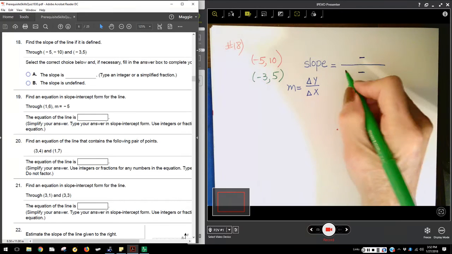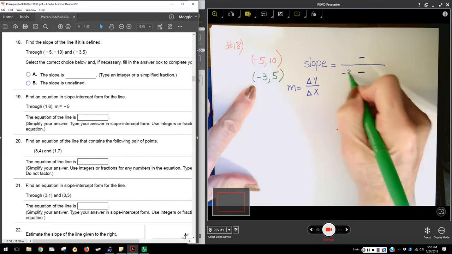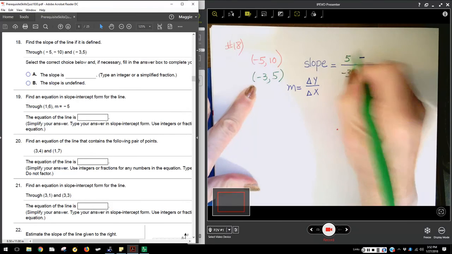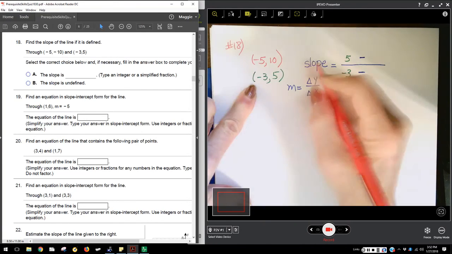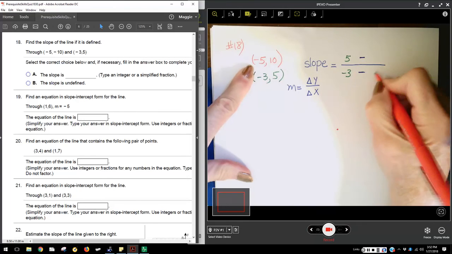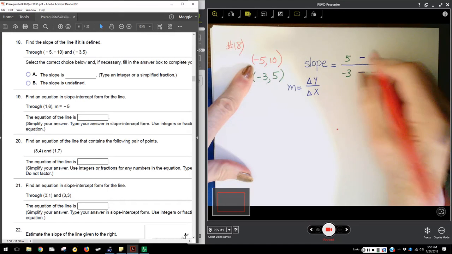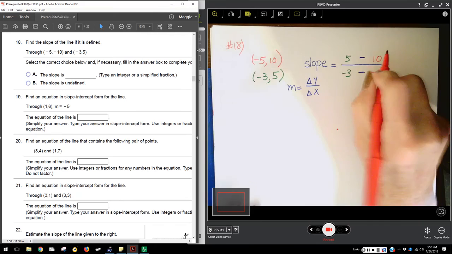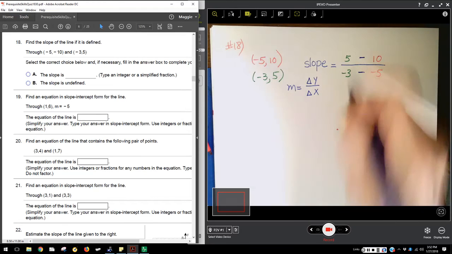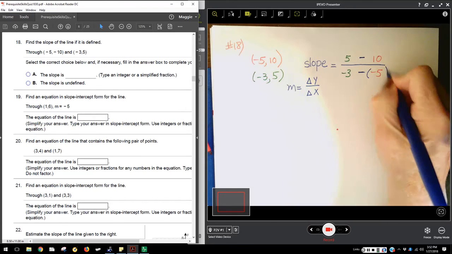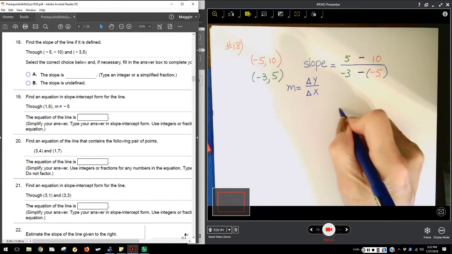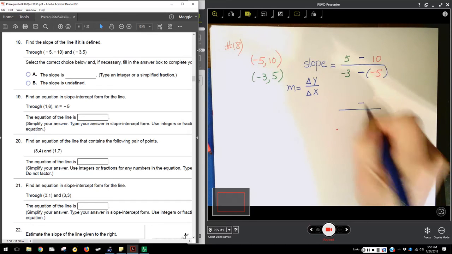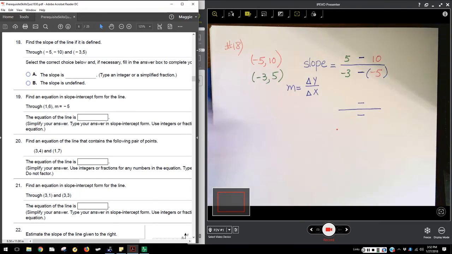So the point -3, 5, the x value is -3, the y value is 5. The point -5, 10, the x value is -5, the y value is +10. And here I'm trying to subtract a negative, so I'm going to put -5 in parentheses to emphasize that. Now, it won't make any difference which one of those I put first.